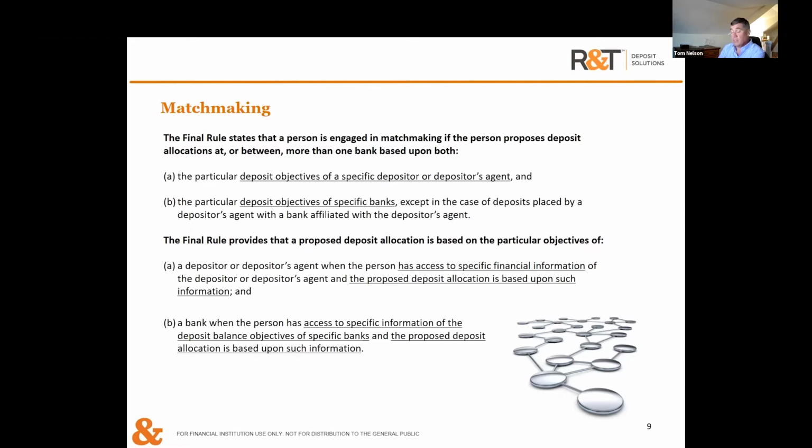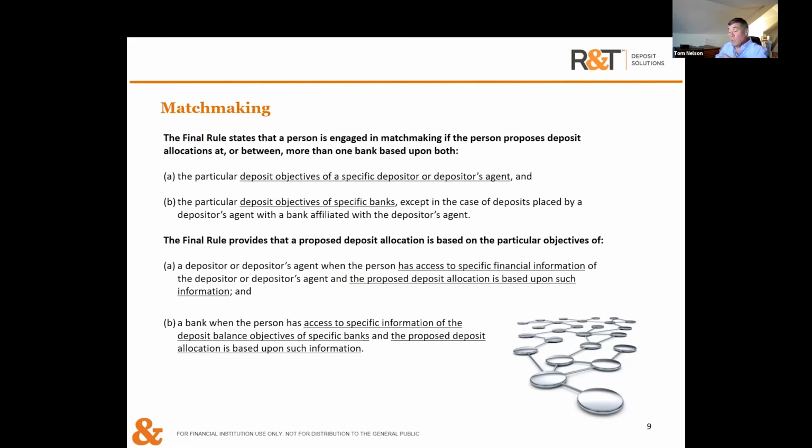So I'm basically saying I'm going to go to Bank A, find out what they need, go to Bank B, find out what they need, go to Bank C, find out what they need, and then do the same thing on the other side with depositors, and put those two together appropriately to meet the needs of both sides.